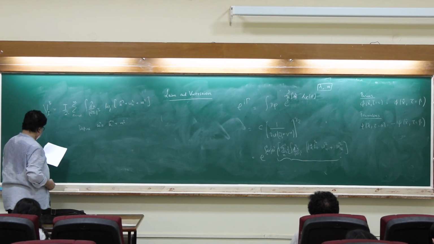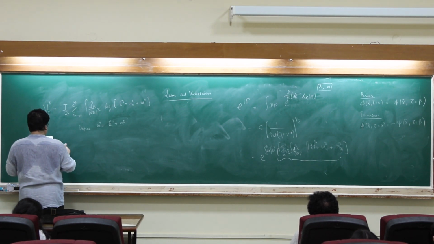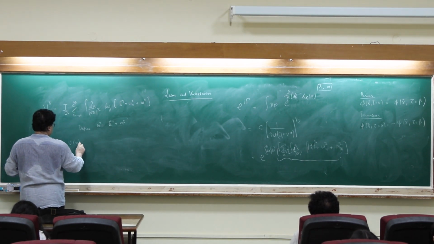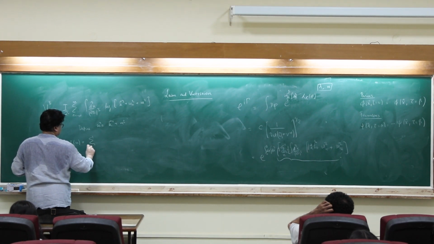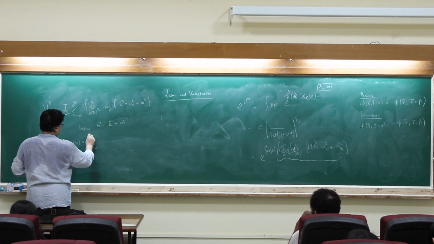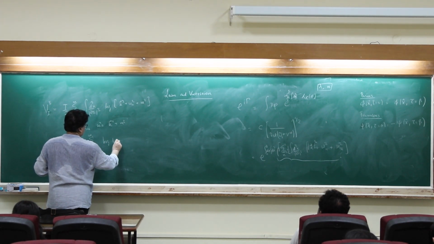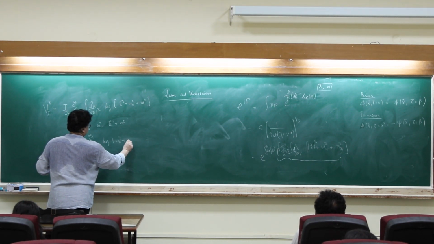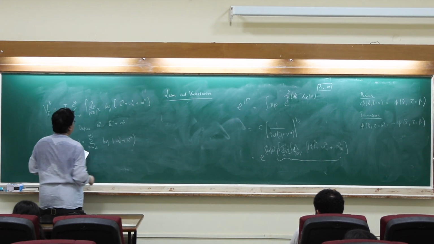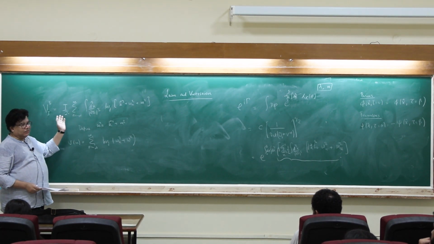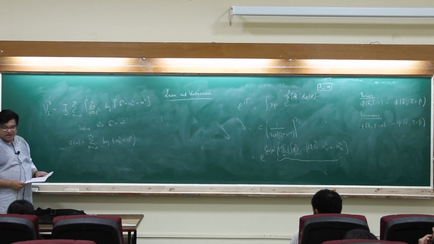So this guy, we want to calculate the sum over n from minus infinity to infinity of log of omega n square plus omega square, right? And then we will multiply by the d cube k, etc.